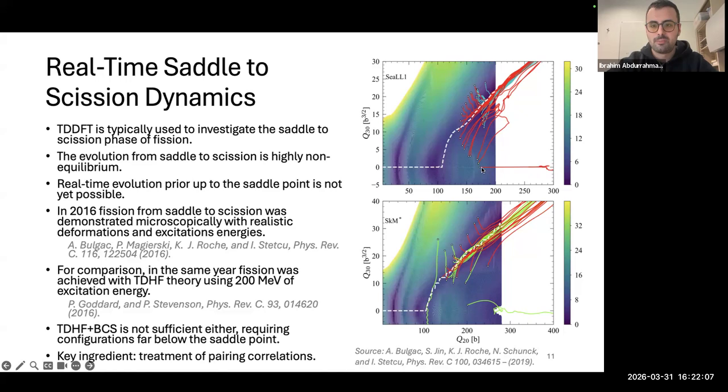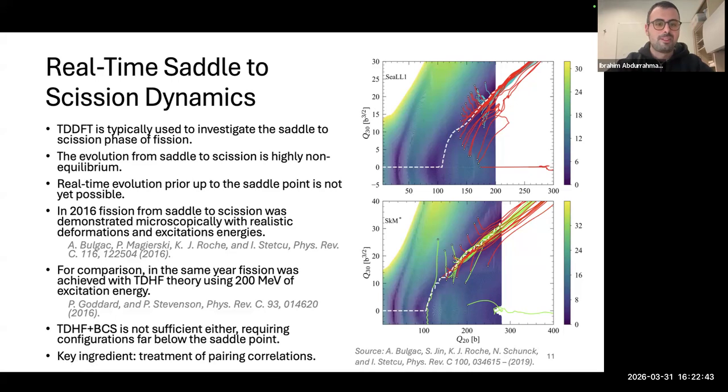And what you see is, in some rare cases, you go symmetric, you have no mass asymmetry, no octupole deformation, but by far the dominant mode is the mass asymmetric mode. So this is going from the point of no return, and I'll just call it the saddle point from now on, up until when you form two fragments that now accelerate independently.